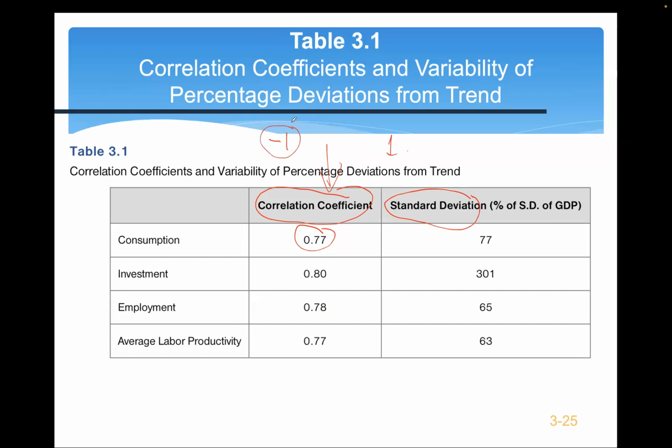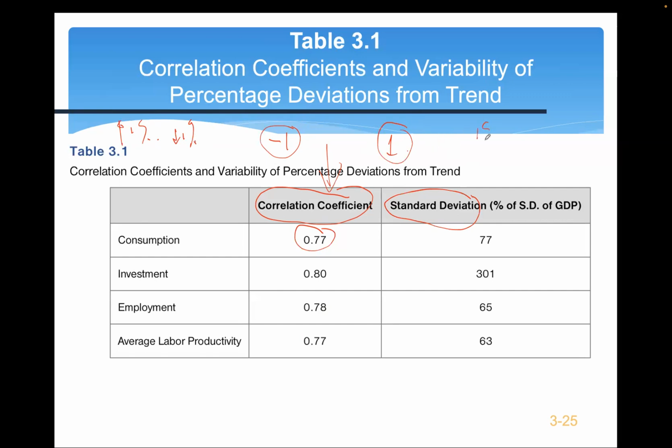If it's -1, it means they are perfectly negatively correlated. Meaning if GDP increases by 1%, consumption is going to decrease by 1%. On the other hand, if it's 1, they are perfectly positively correlated.